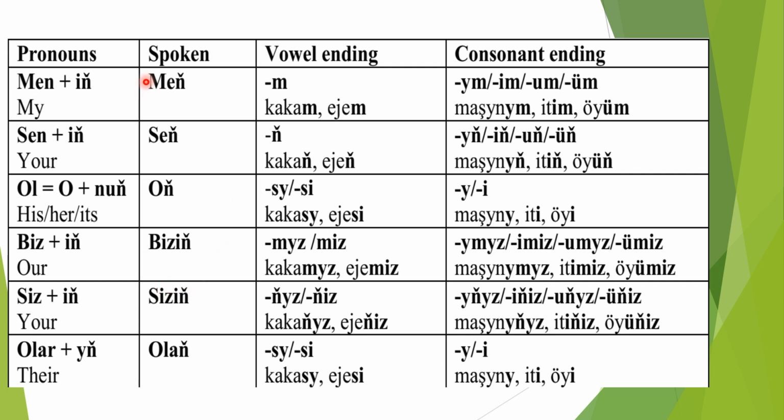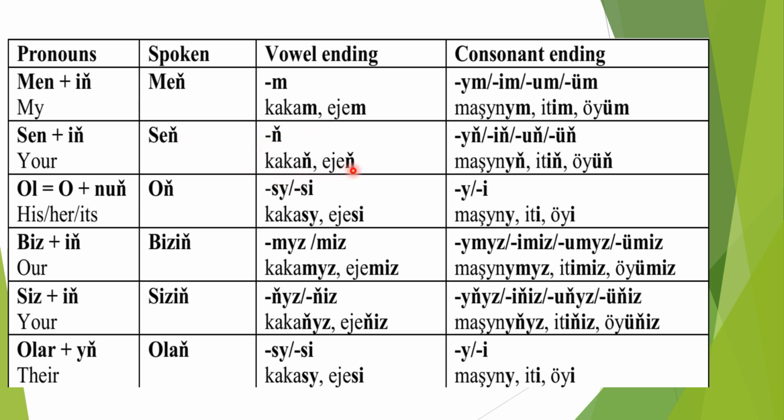So meniň, m. Let's say kaka, eje. Kaka is a father, eje is a mother. The suffix of meniň is m: kakam, ejem.